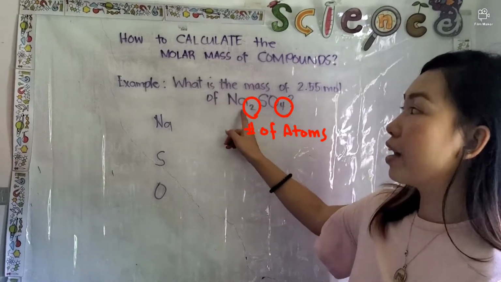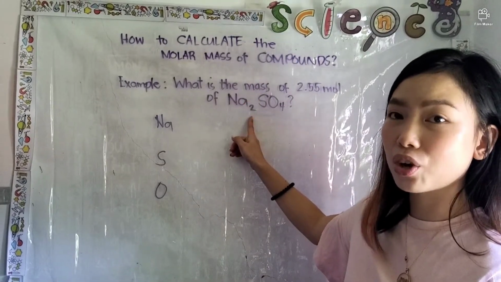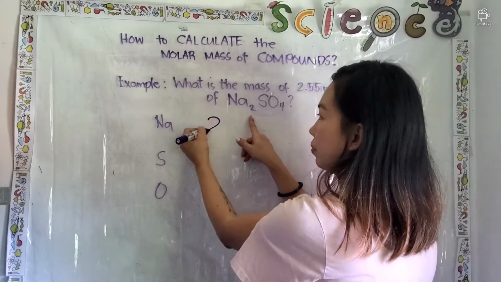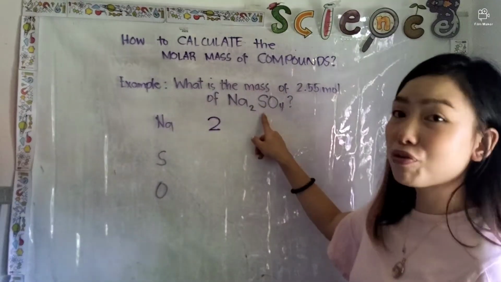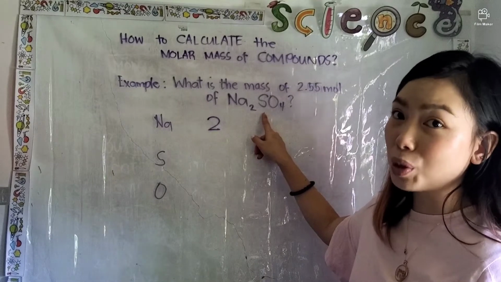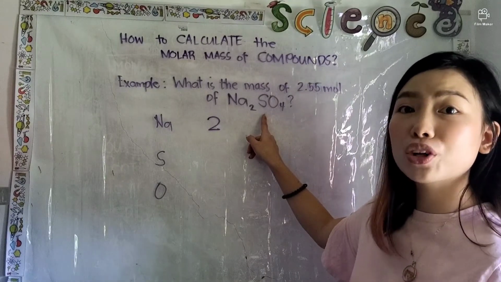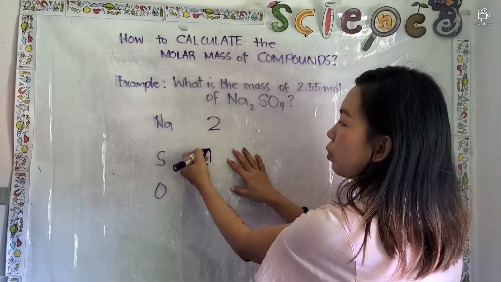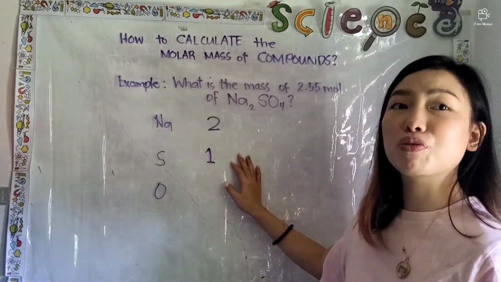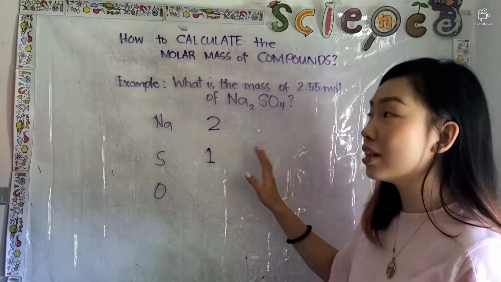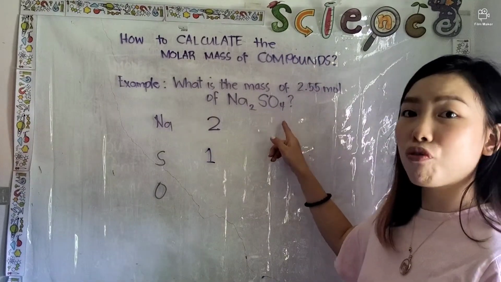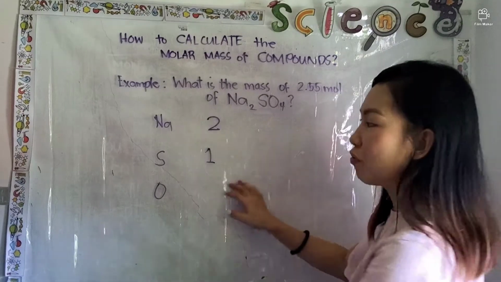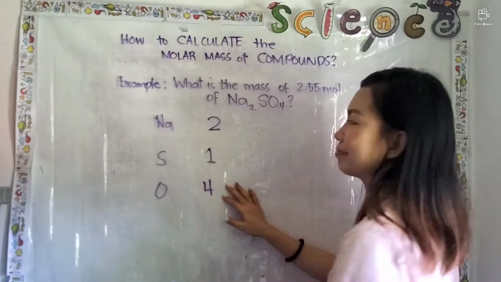Since we have Na2, meaning to say there are 2 atoms of sodium. For the sulfur, which is S, walang number na katabi, so that's automatically equivalent to 1. So we have only 1 atom of sulfur in the compound. And then for the oxygen, which is O4, that's 4 atoms of oxygen.